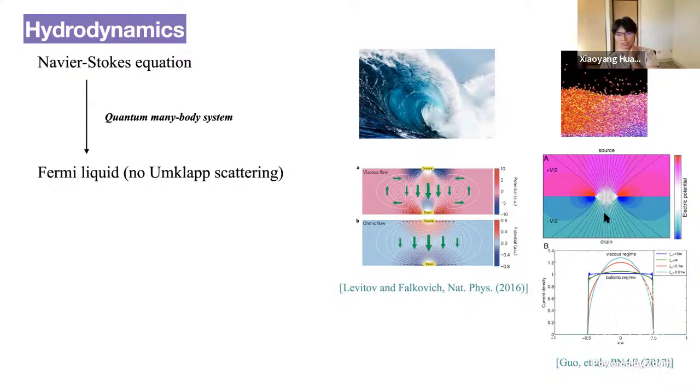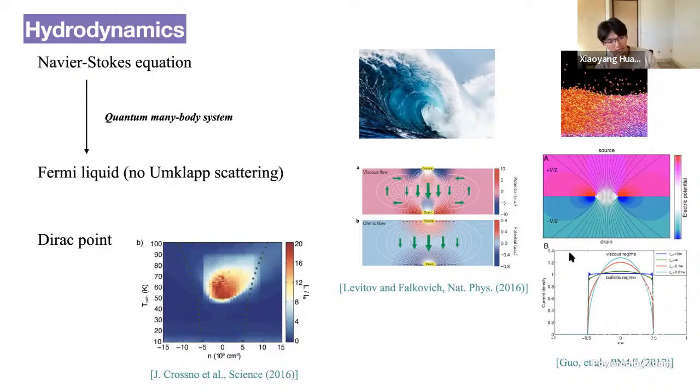This means that near the corner of your constriction, the flow will be suppressed, while at the center, because of the current conservation, you still expect more current flow at the center than near the corner. So shown at the bottom is a comparison between the region where you have the hydrodynamic behavior and the ballistic region where you basically have a single particle picture of that flow.